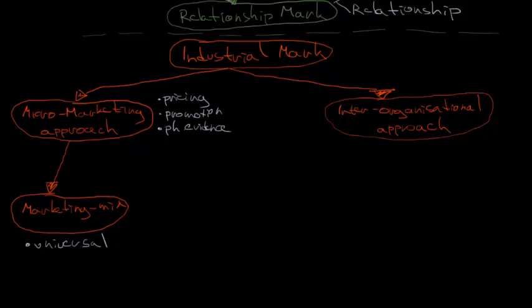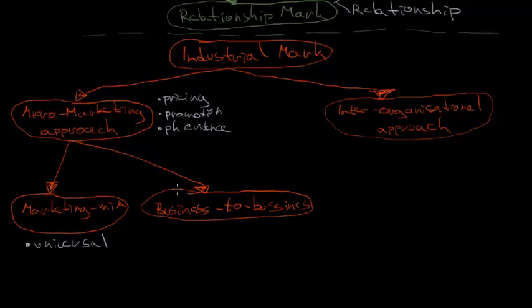And now the second sub-approach is going to be the business-to-business approach. And here, scholars or theoreticians focused on something totally different. They have focused on the relationship itself of buyer and seller.